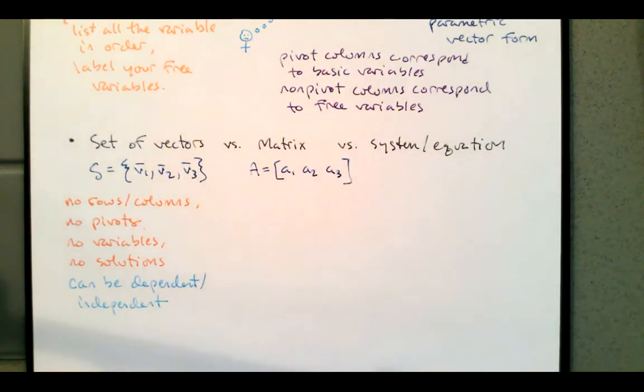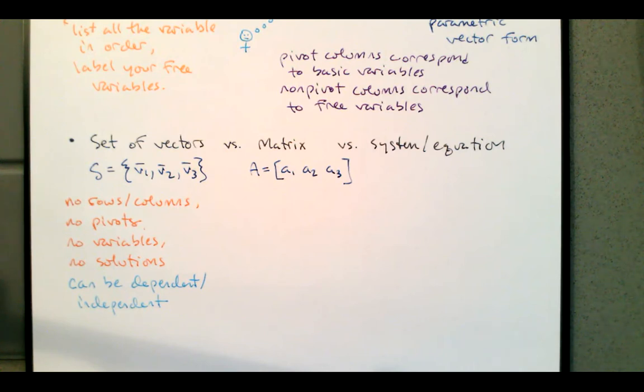Here I just listed this matrix with the names of the columns, A1, A2, and A3. So notice the difference in notation. I put it in square brackets like we do for a matrix, but I did not separate the columns with commas because I'm not making a list. I'm writing the columns of a matrix, and we don't put commas in between the columns of a matrix.